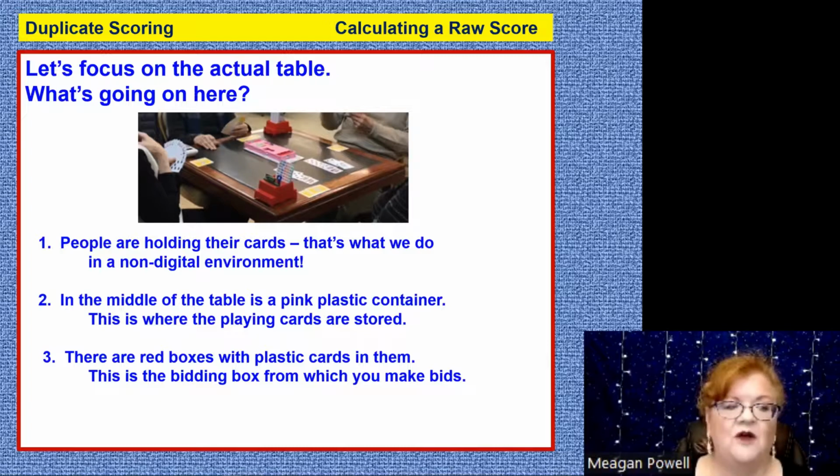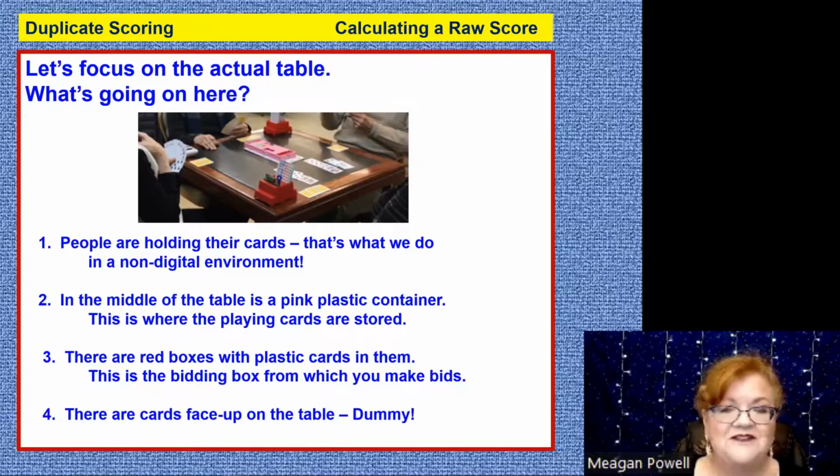There are also playing cards face up on this table. That's the dummy. When we play in a live bridge club, the dummy goes down on the table for everyone to see, similarly to what you're used to in the digital world. In duplicate bridge, because you can all talk to each other and you're all looking at each other's faces, the declarer tells dummy what card to play.